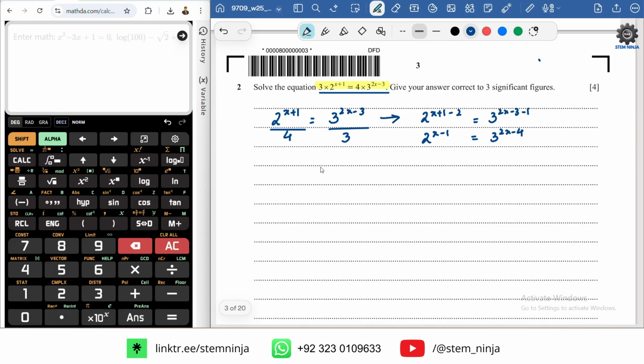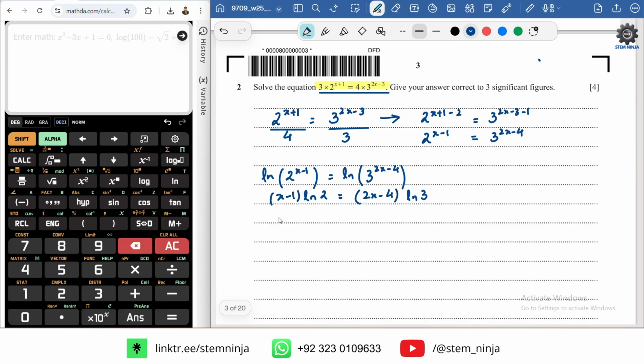Okay, carefully. Now we take the ln on both sides. So ln of 2 to the power x minus 1 equals ln of 3 to the power 2x minus 4. The x minus 1 comes down, this becomes ln of 2. Similarly, 2x minus 4 with ln of 3.